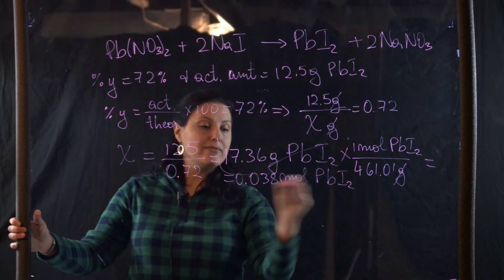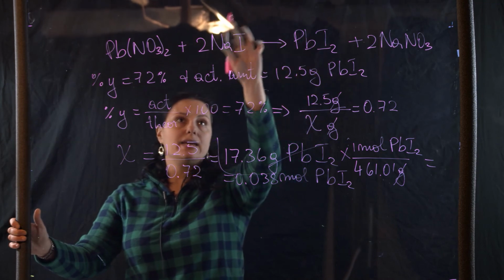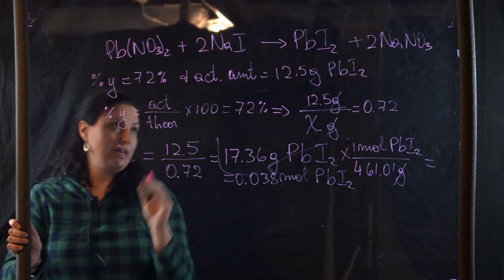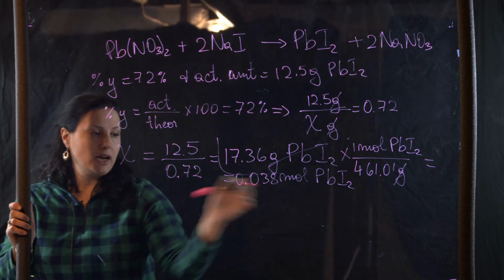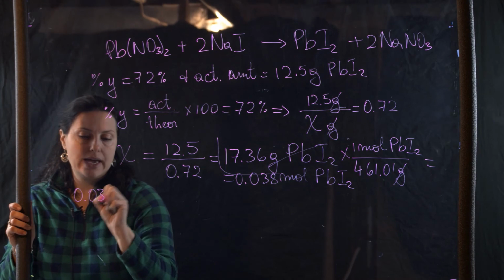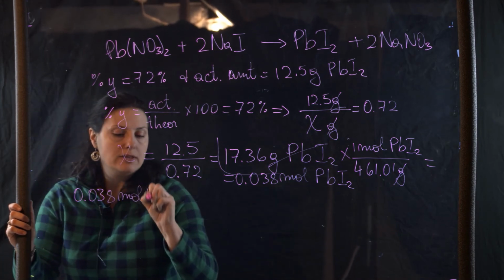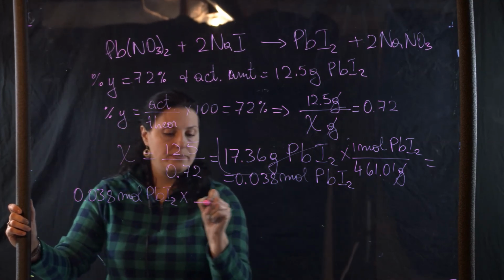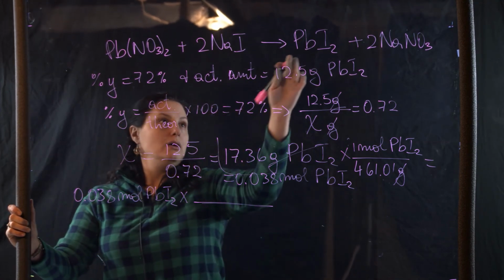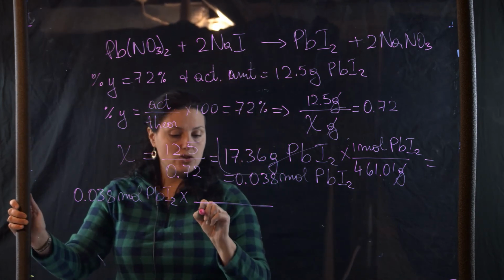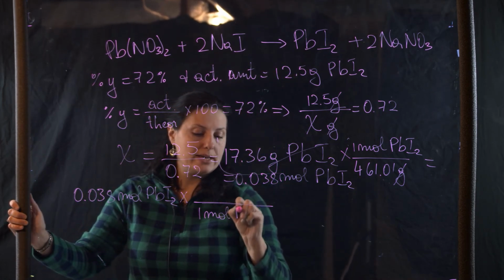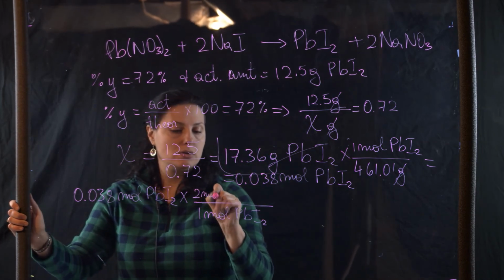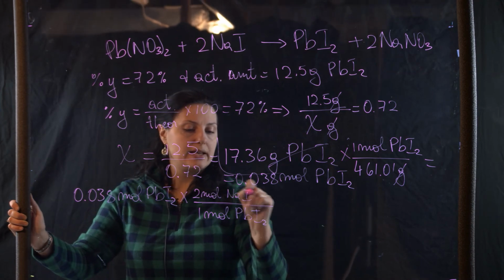Okay, now that I have an amount in moles of lead 2 iodide, I can relate that to an amount of moles of sodium iodide by using that reaction. So I start with what I'm given, 0.038 moles of lead 2 iodide, multiply by, I write the mole ratios in such a way, so 1 mole of lead 2 iodide is produced for every 2 moles of sodium iodide that is used up.